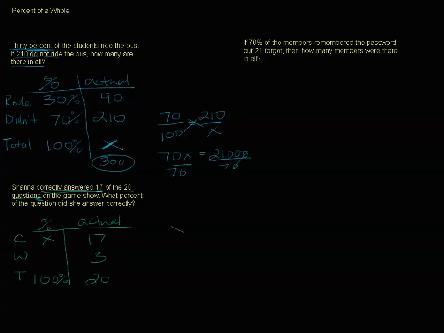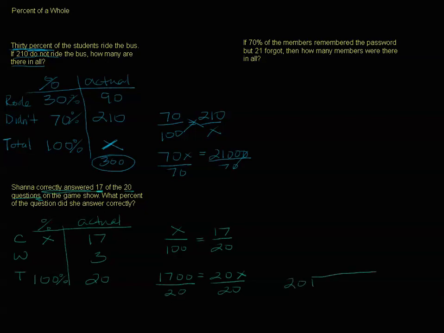So we have x over 100 equals 17 over 20. Now 1700 equals 20x. Divide by 20. This one I have to work out.